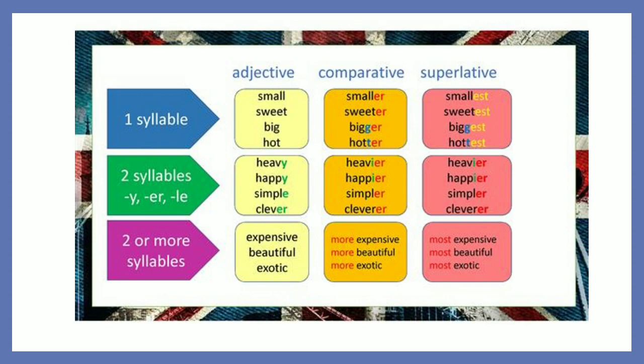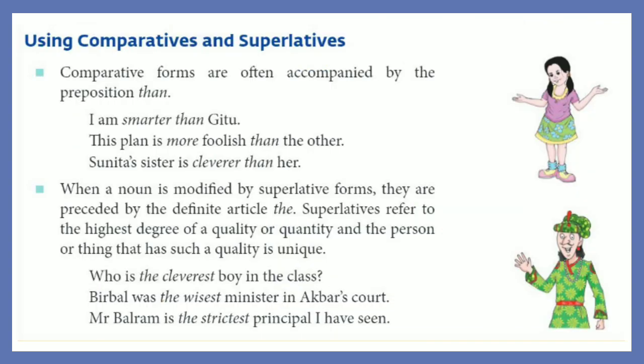For words having 2 or more syllables, we use more and most to make comparative and superlative forms. There are a few irregular forms of comparisons also. Today, we are going to discuss the uses of comparative and superlative degree.